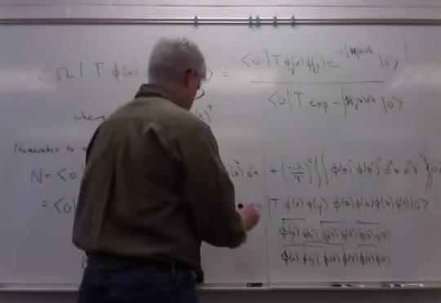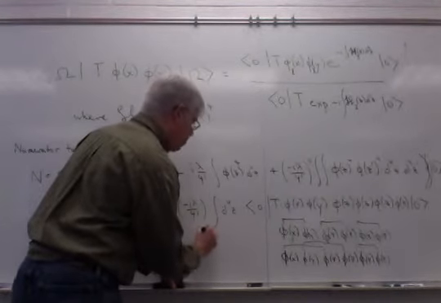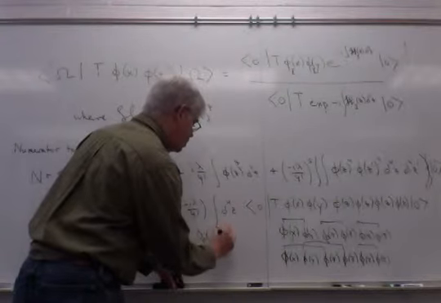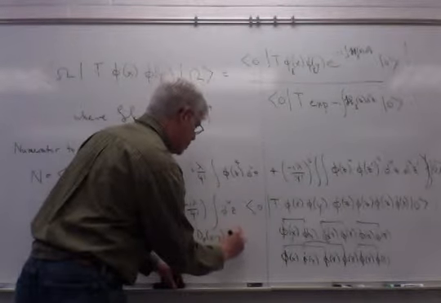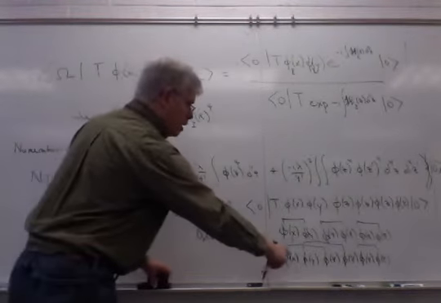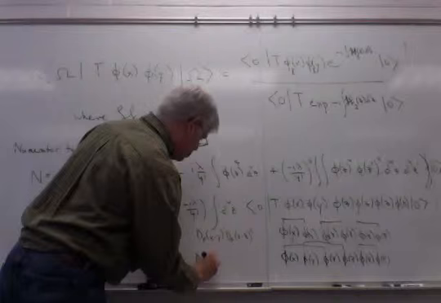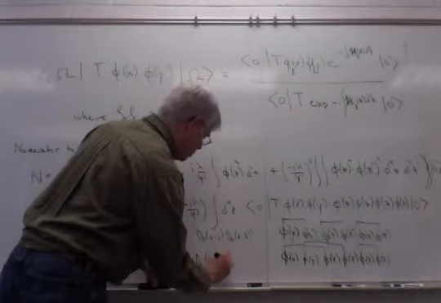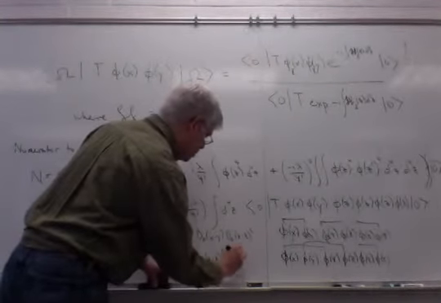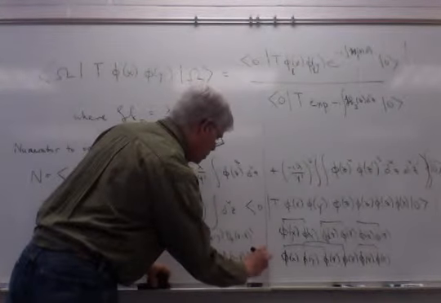This first type of contraction gives us df of x minus y, df of z minus z squared. And the second set of contractions gives df of x minus z, df of y minus z, df of z minus z.